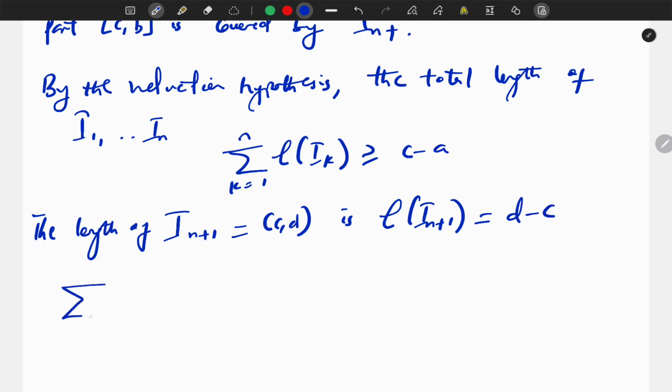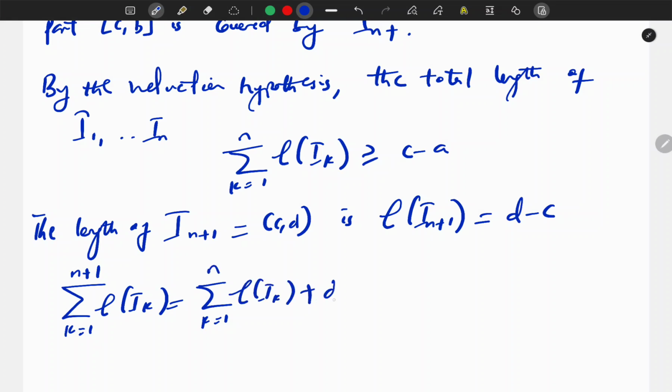So adding this, we have the summation k equals 1 to n+1 of length of Ik is equal to the summation k equals 1 to n of length of Ik plus the length of I(n+1), which is greater than c minus a plus d minus c.